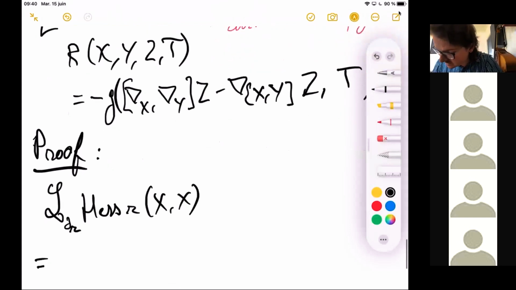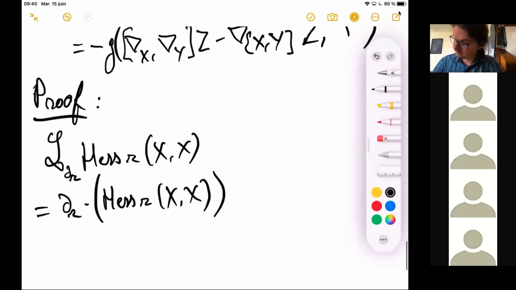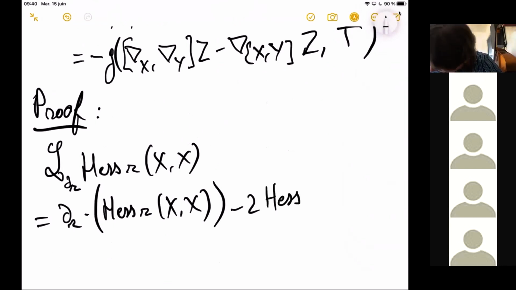And so what is that? Well, you use a Leibniz rule. There are two extra terms, one for each x. But since the Hessian is symmetric, I can write it like that.